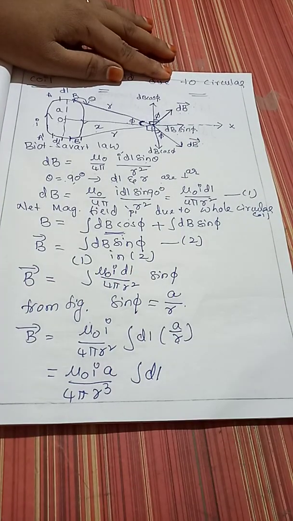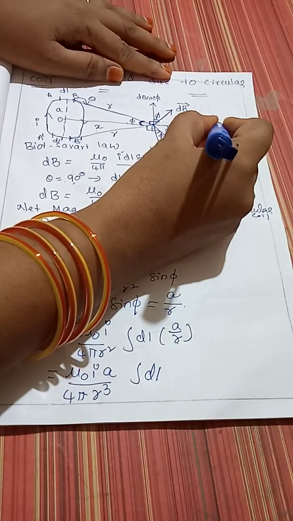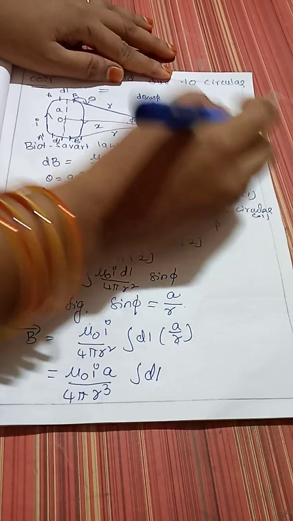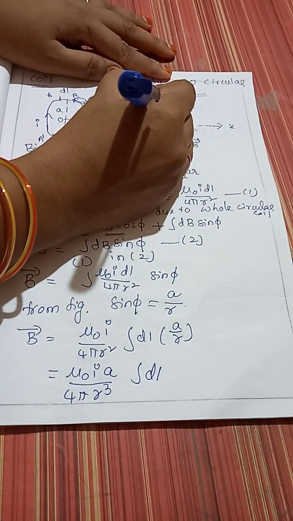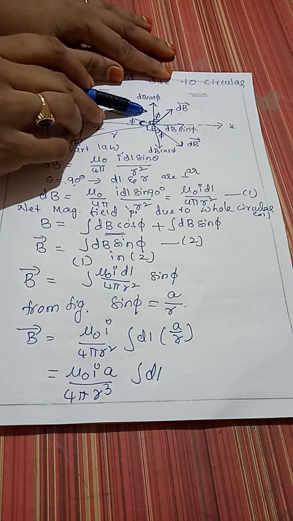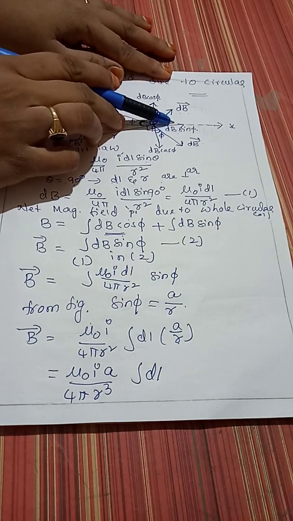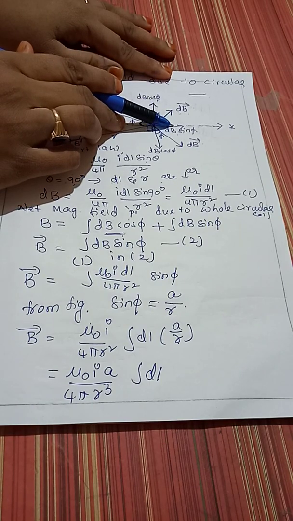Now we have to resolve dB into two components: one at right angles to the axis of the coil, and the other along the axis.